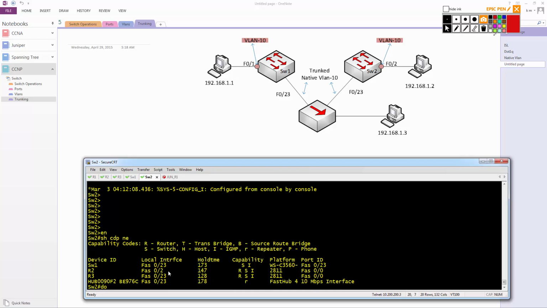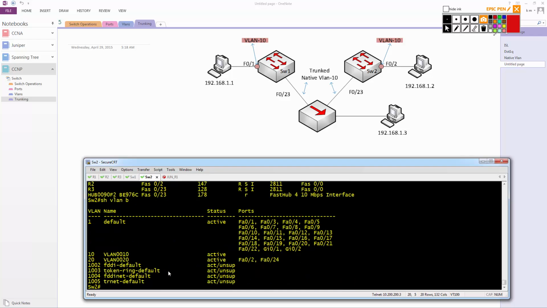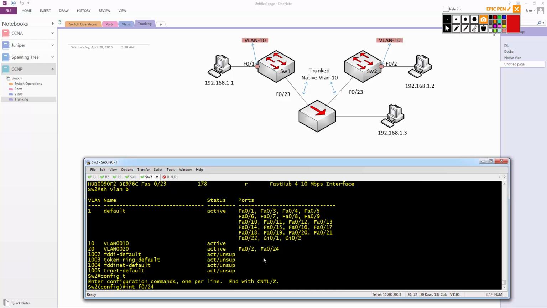Now, on switch 2, show VLAN brief. Okay, we are in VLAN 20. And FA0/24 does not belong in there. We don't need FA0/24. Or do we?